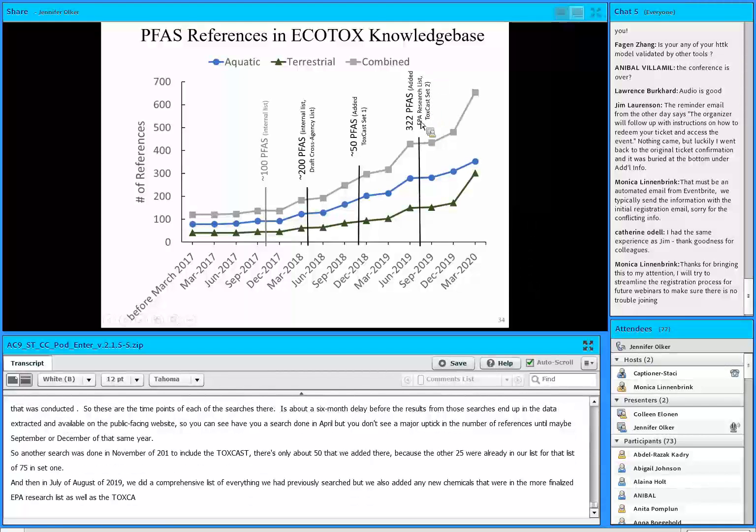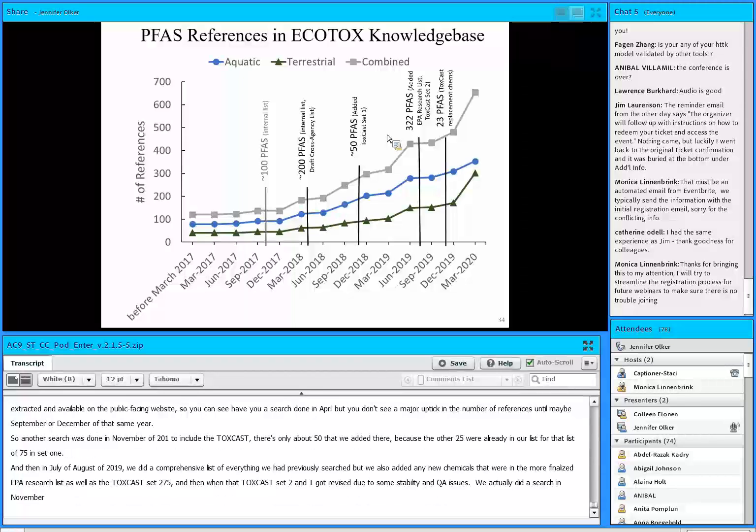And then when that ToxCast Set 2 and Set 1 got revised due to some stability and QA issues, we actually did a search in November of 2019 with just the 23 PFAS replacement chemicals that weren't already on our list.